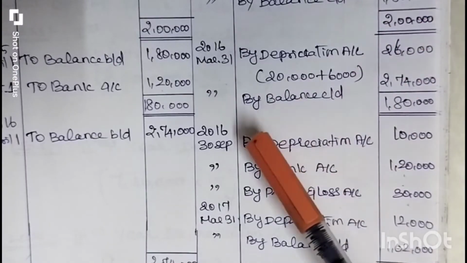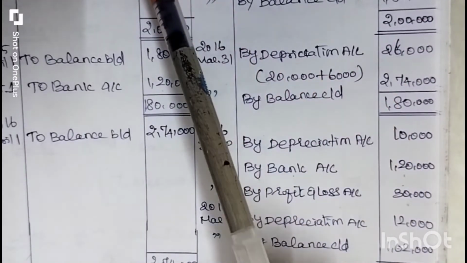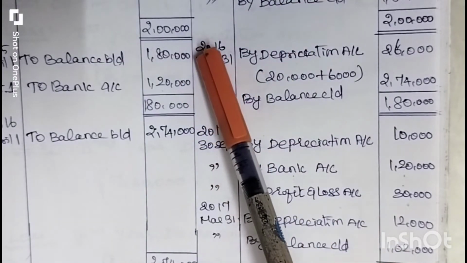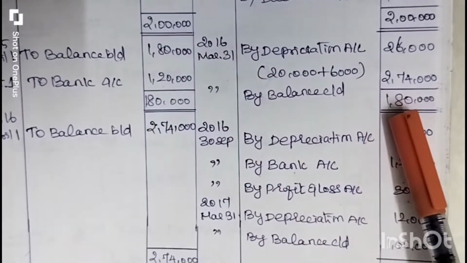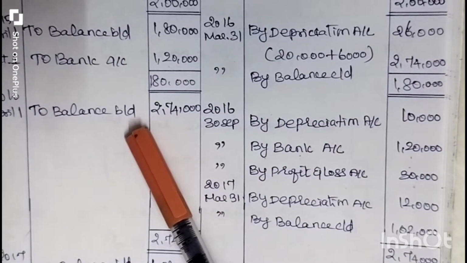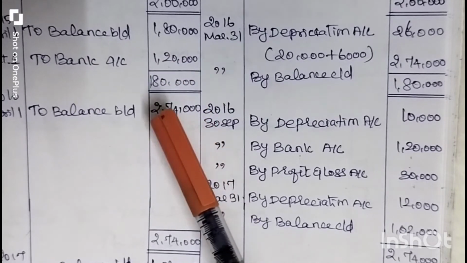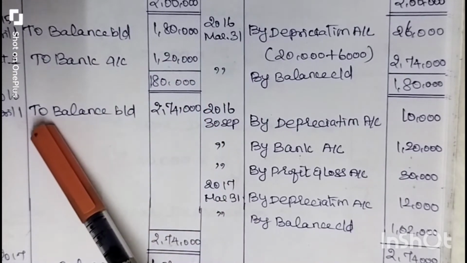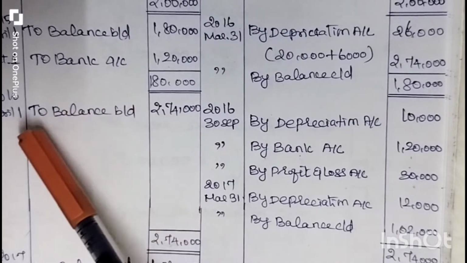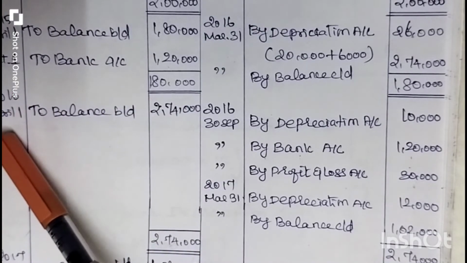So this is the closing balance. By balance carried down means closing balance of the machinery account dated 31st March 2016. Then that 2,74,000 you have to bring down to the opposite side and enter it below the total. Against it you write to balance brought down dated 1st April 2016. This is the next accounting period.